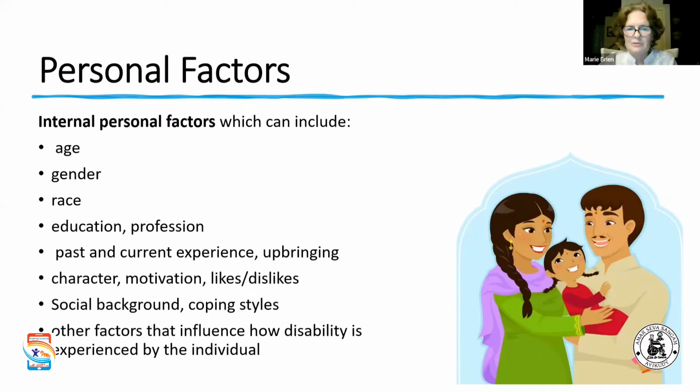So those are the personal factors. And most oftentimes, these are things that you, in great part, cannot change. However, you may be able to change how they experience the disability to a certain extent.